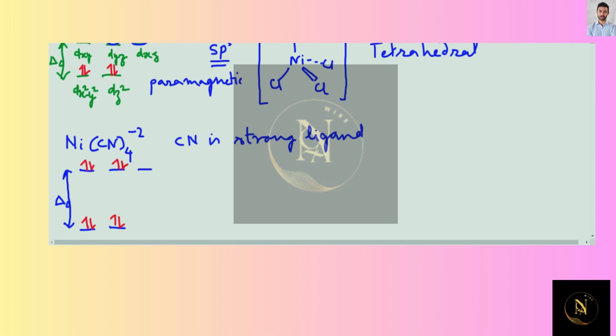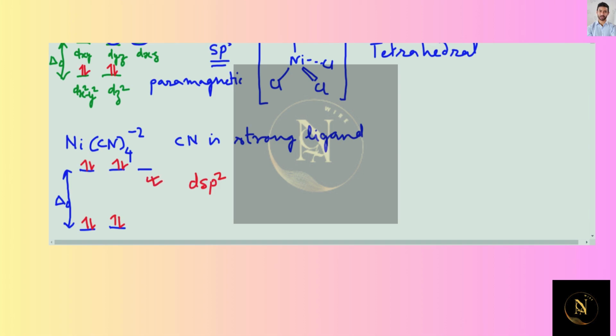The reason is here CN is a strong ligand and the hybridization is here dsp2. So we have to spare one d orbital.